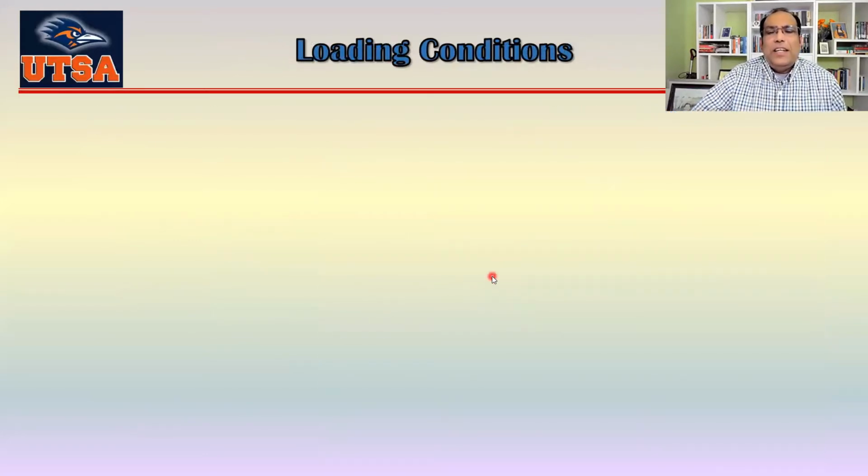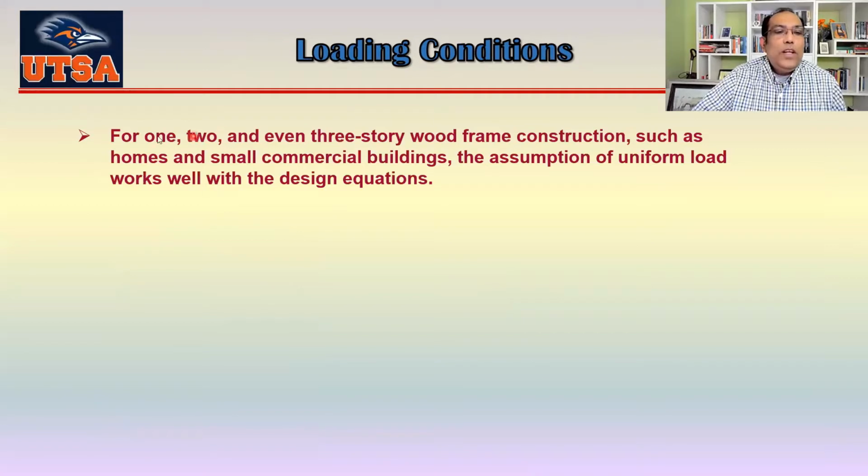Loading condition. Okay, since these are just light buildings, usually 1, 2, and sometimes 3-story wood frame construction, such as homes and small commercial buildings, the assumption of uniform load works pretty well for this particular design method.